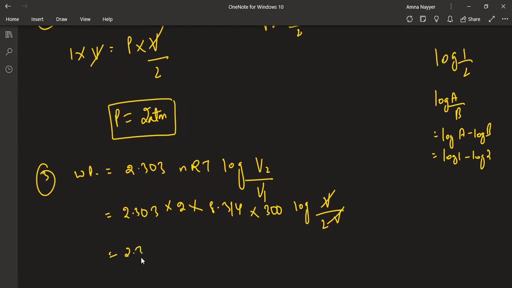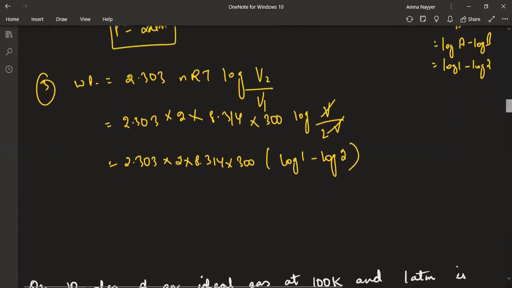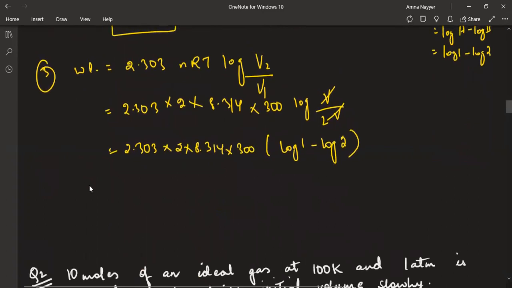So this will be 2.303 into 2 into 8.314 into 300 into log 1 minus log 2. So work done is equal to 2.303 into 2 into 8.314 into 300.